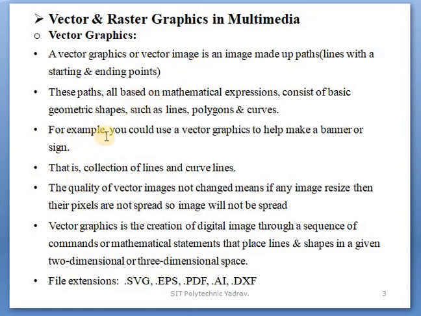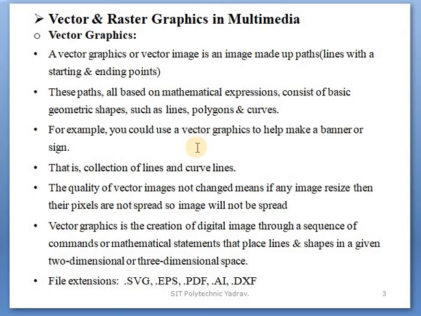For example, you could use vector graphics to help make a banner or a sign. Images are of two types. One is the raster image and one is the vector image. They are also known as vector graphics or raster graphics. In that, we studied what is meant by vector image.